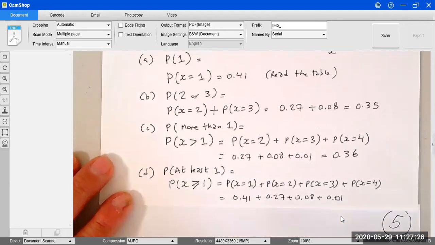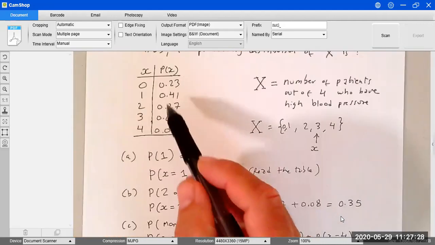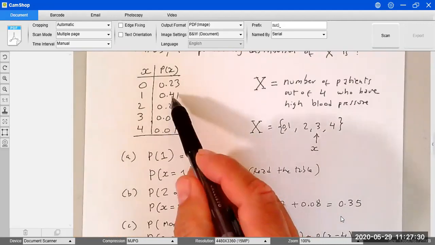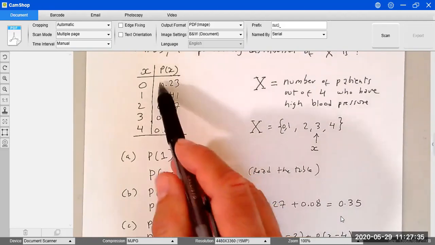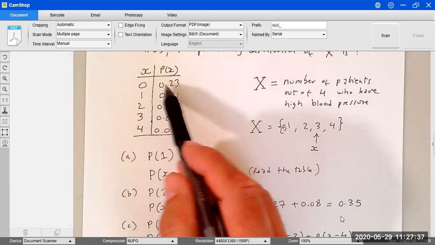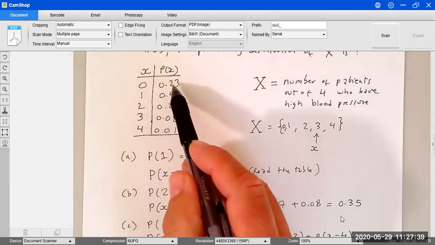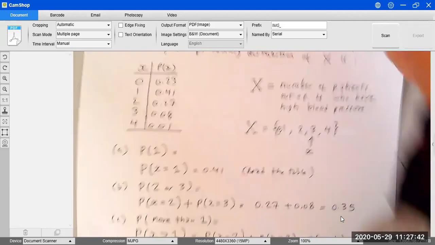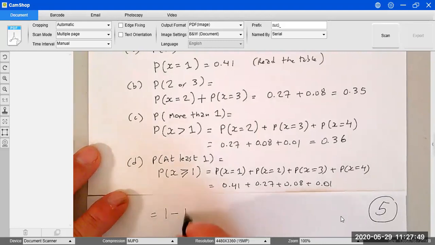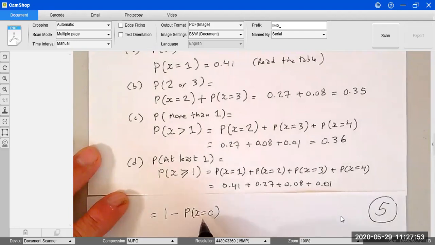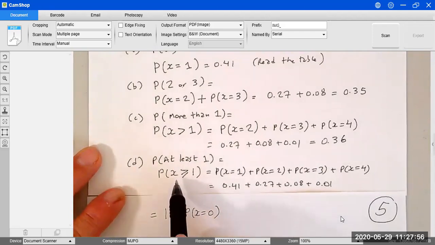So when you have all these values that you're going to add up, it is the same as subtracting the only value that is remaining out of the game from 1. So that's another way to get the answer. It's going to be equal to 1 minus the probability of x equals 0, because that's the only value that doesn't satisfy the condition x greater than or equal to 1.